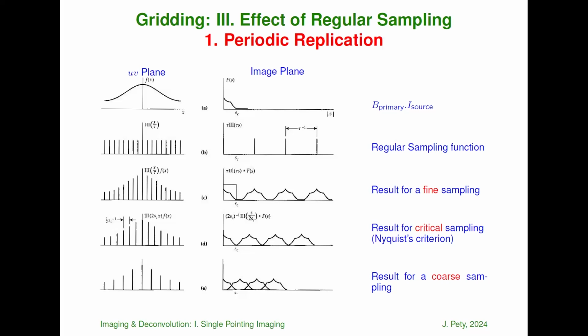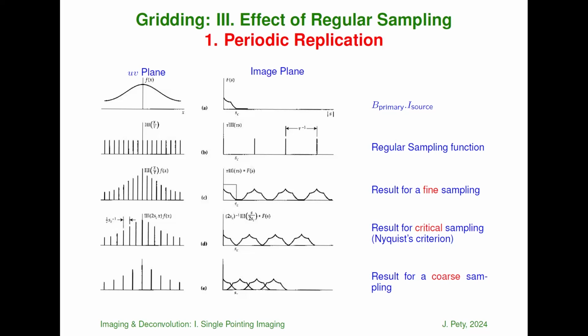And what you do, in fact, is the sum of the Dirac, and so you're doing the sum of your replications. But you see, in this case, there is not so much problem because the function is going to 0, so the replicants are not going into each other. This is the result for a fine enough sampling.